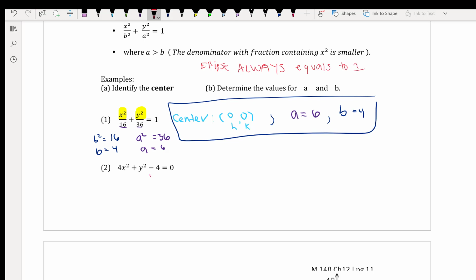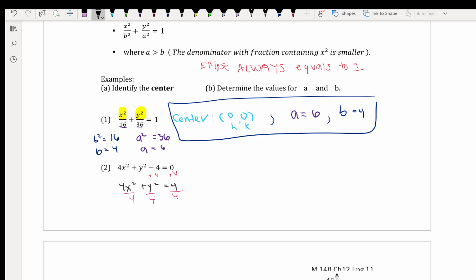So what I'm going to do first is add 4 to both sides, so that way I can get my 4x squared plus my y squared is equal to a positive 4. Now, because I want this to equal 1, I'm going to divide everything by 4.